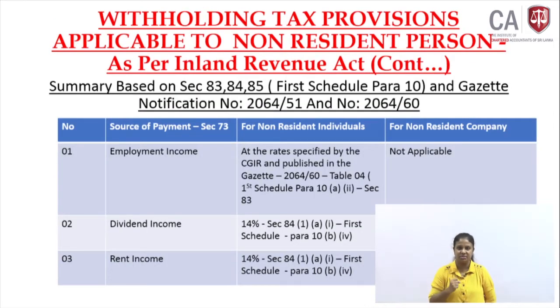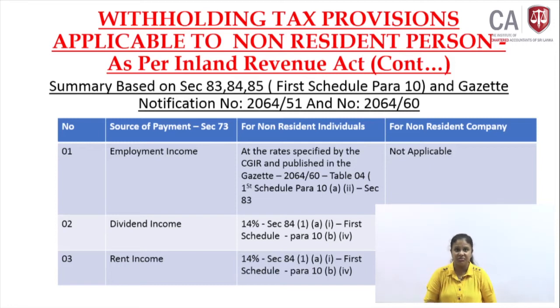You know what the source is. Now you have to look at, as per the Act, what the applicable income tax rate, or rather withholding tax rate, is for this particular non-resident person on this source of payment. Clear? Then employment income is at the rates specified by the CGIR and published in the Gazette. What is the Gazette? It is 2064/60.